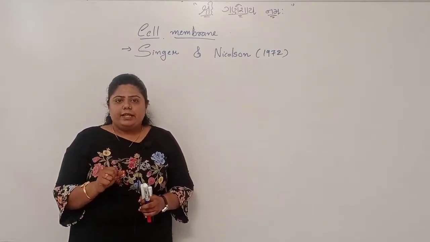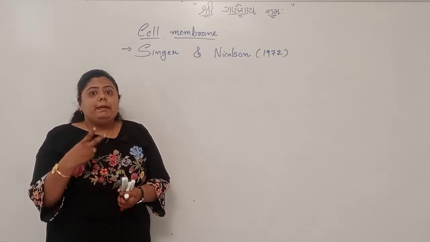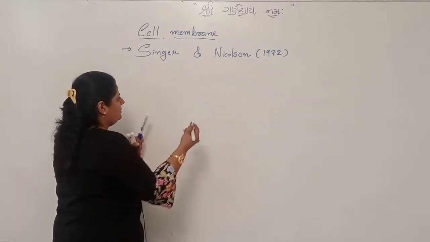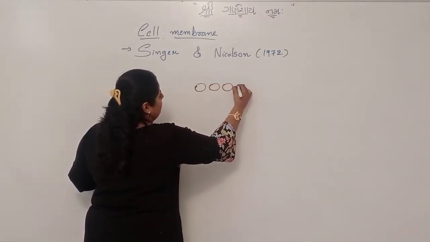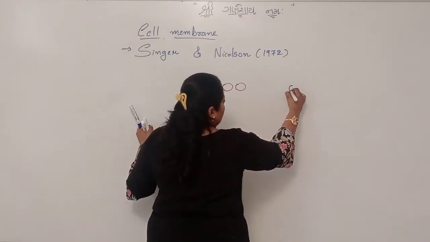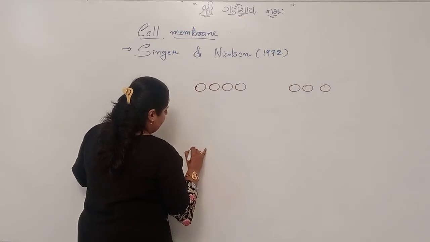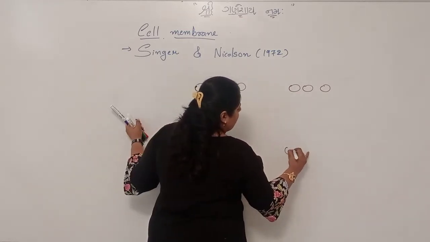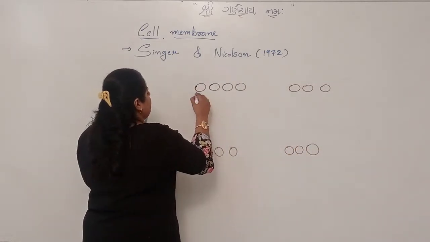According to this model, the cell membrane is made up of a lipid bilayer. Bi means two layers. Head and tail, both sides, head and tail present inside. Okay, this is the tail.